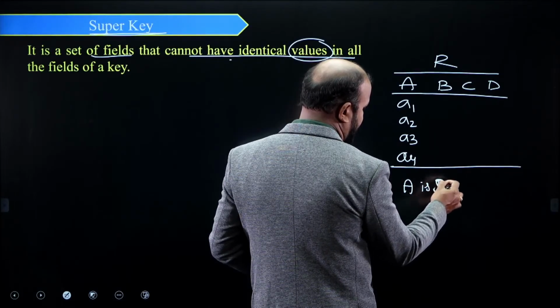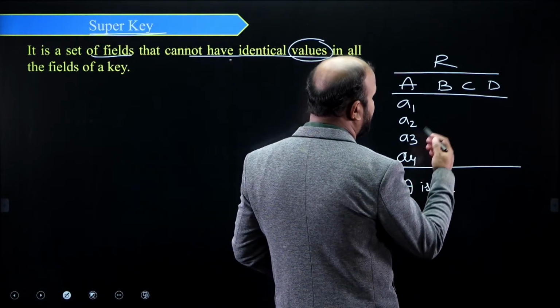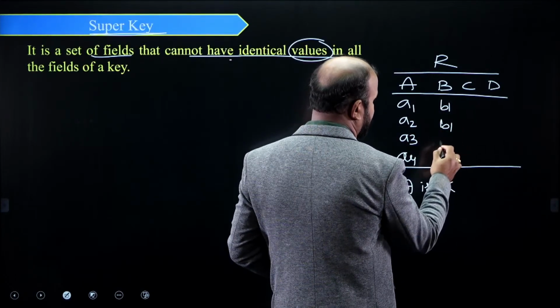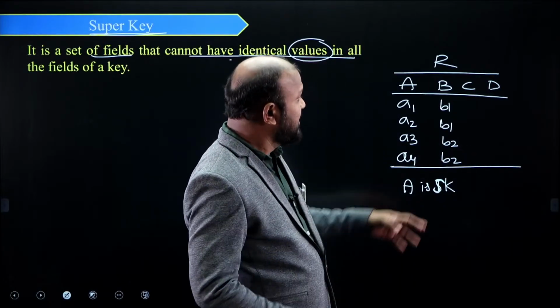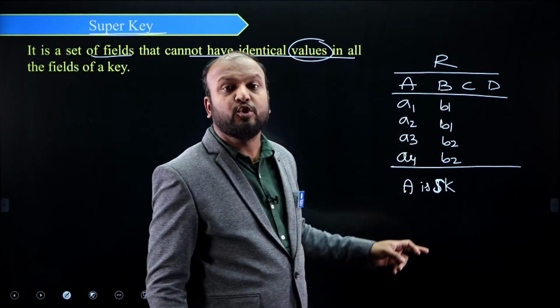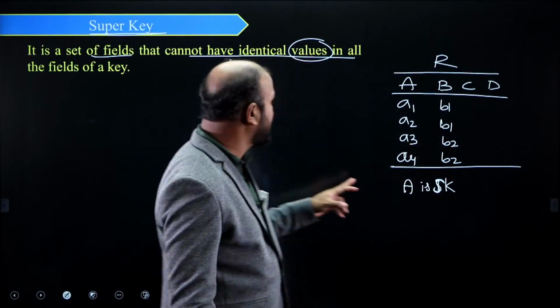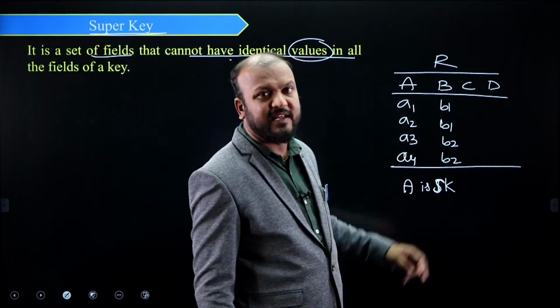Okay. First I can call super key. Suppose, do we have any duplicates in the B? B1, B1, B2, B2. But here you observe, can I call B a super key? No. Why? Because B has duplicates. But what super key says is cannot have identical values. But here we have identical values in these tuples.